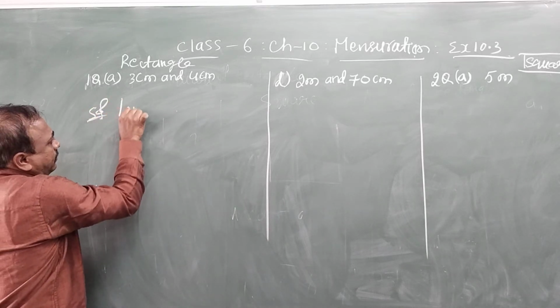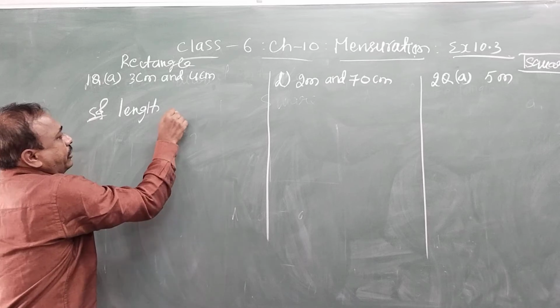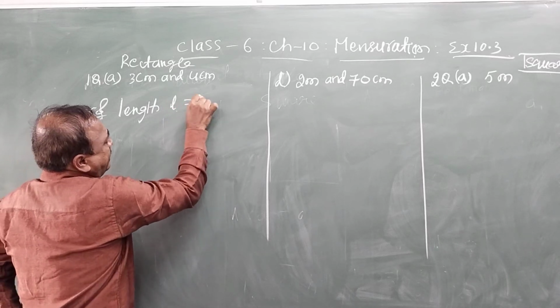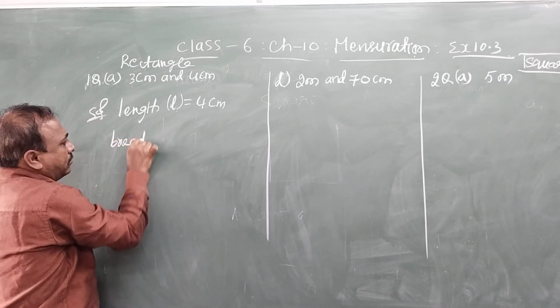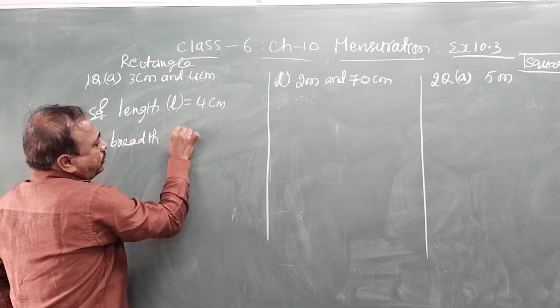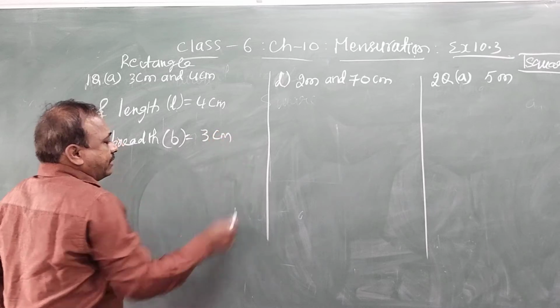So length you can write as L is equal to 4 cm. Breadth B is equal to 3 cm.